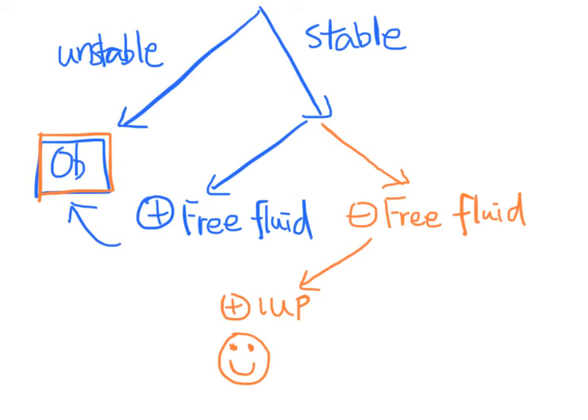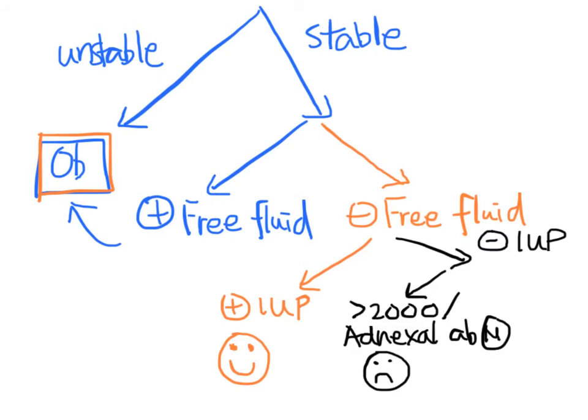Those are the patients we can likely send home. In the patient without an intrauterine pregnancy, if their beta HCG is more than 2,000, or if you see an adnexal abnormality, then you're worried about an ectopic pregnancy. Again, the consultant needs to be reached. In those whose beta HCG is less than 2,000, with no abnormality seen in the adnexa, they need to be reassessed frequently.